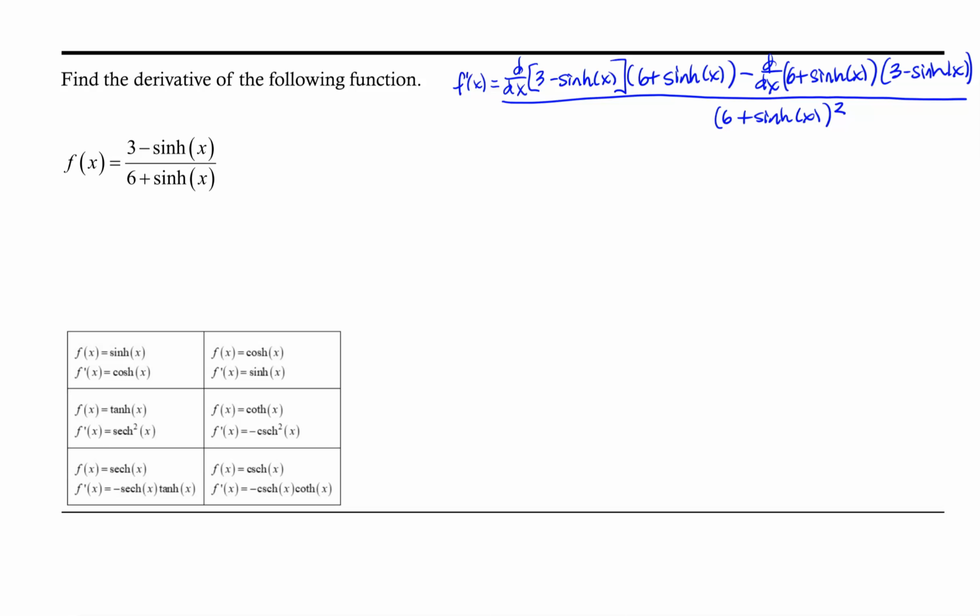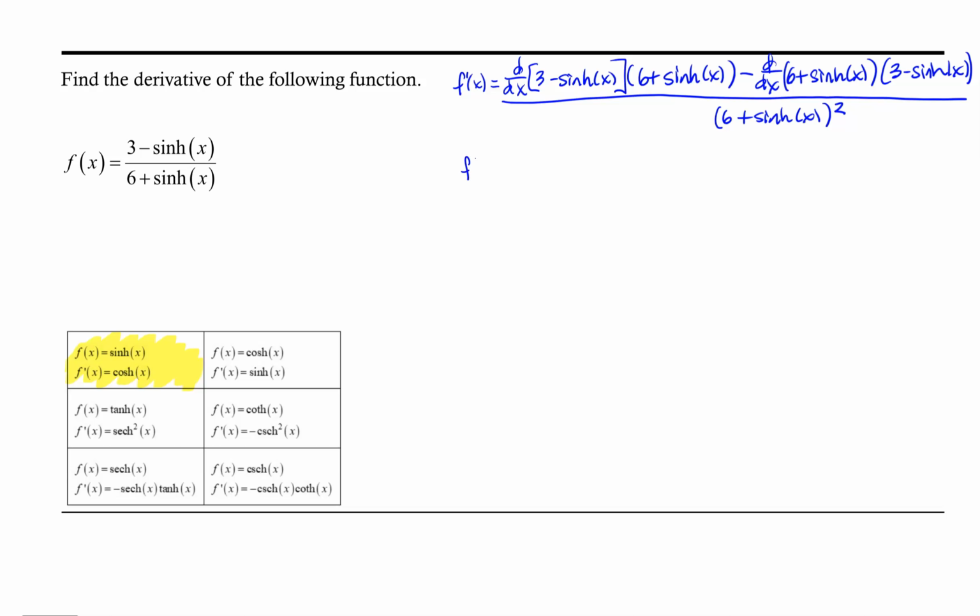or the denominator squared. As we go through the rest of this, we will be relying on our knowledge of the derivative of sinh of x. The derivative of sinh of x is cosh of x.